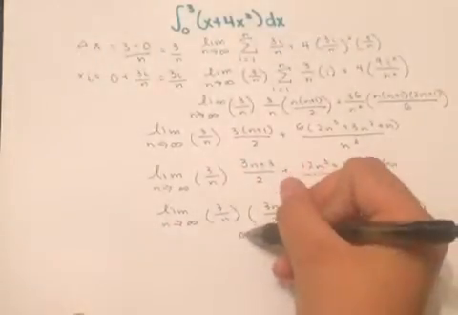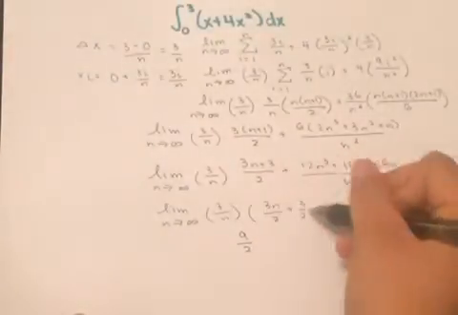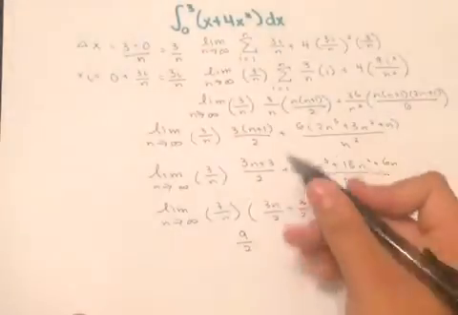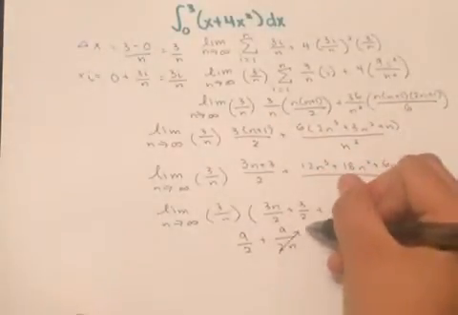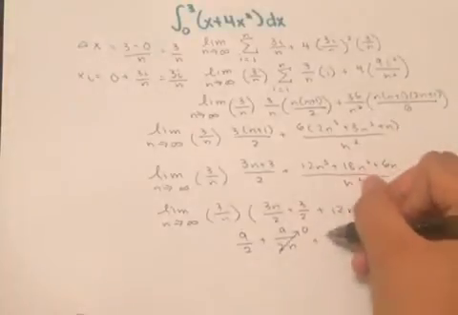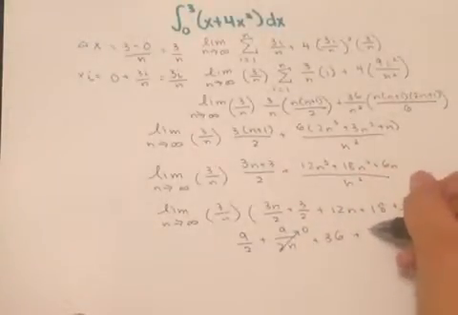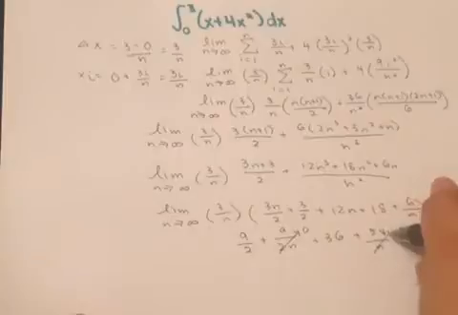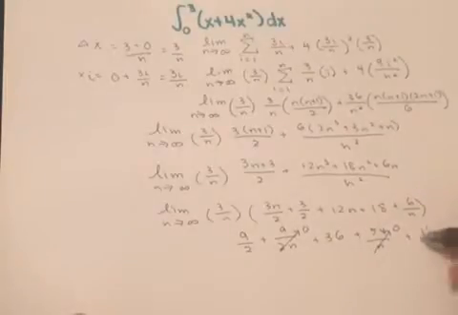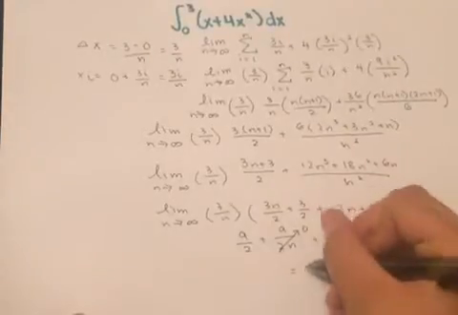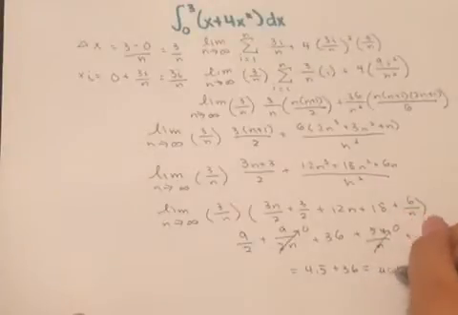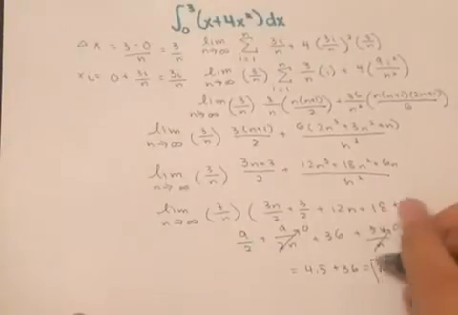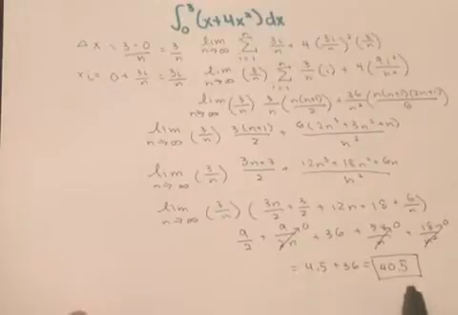And now we don't need to write the limit towards infinity anymore because that's what we are doing right now. So we can combine the step of multiplying and also doing the limit at the same time. So you get n over 2 plus n over 2n plus 36 plus 54 over n plus 18 over n squared. And every time that there is an n in the denominator for limits to infinity, that means it automatically will go to 0 because you are dividing by an extremely, extremely large number.